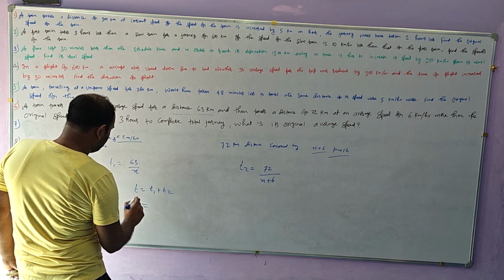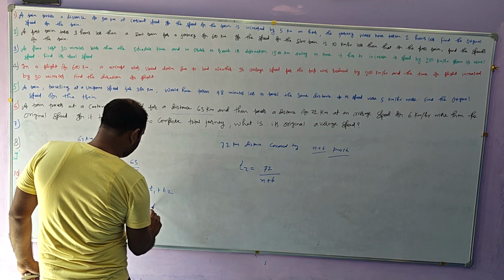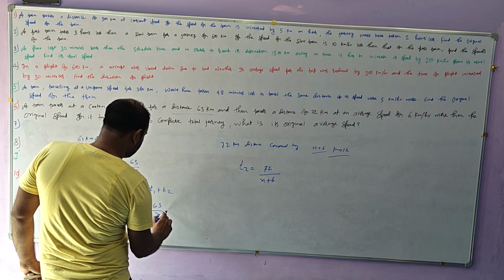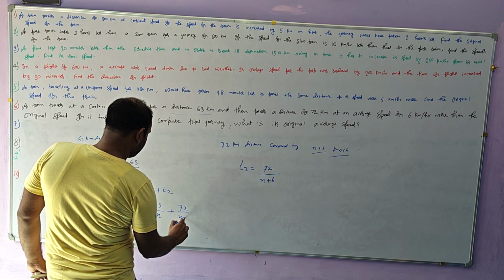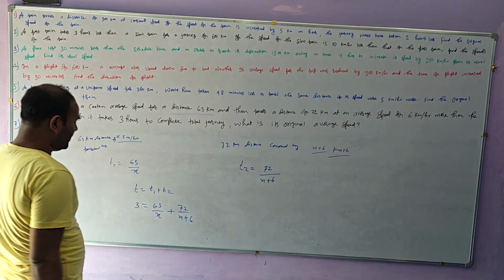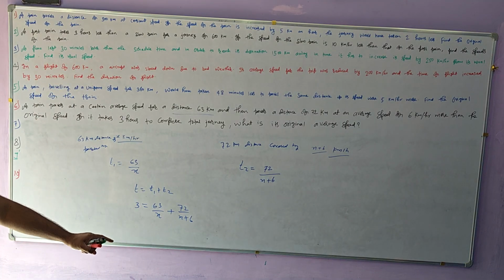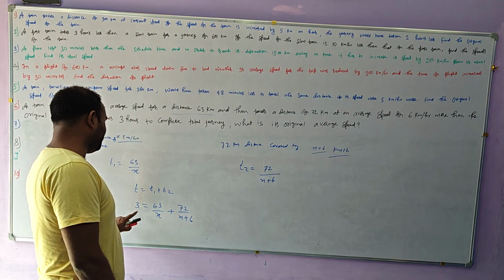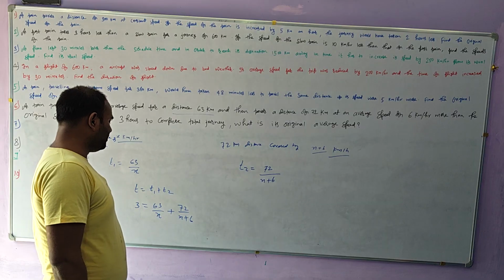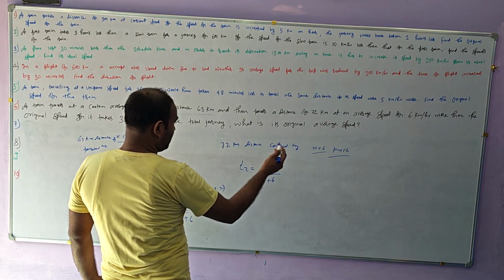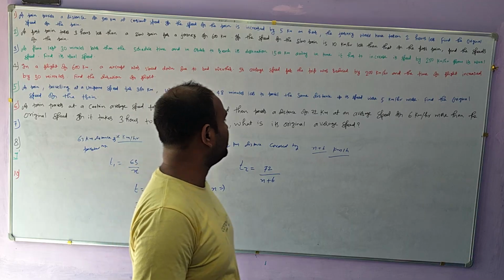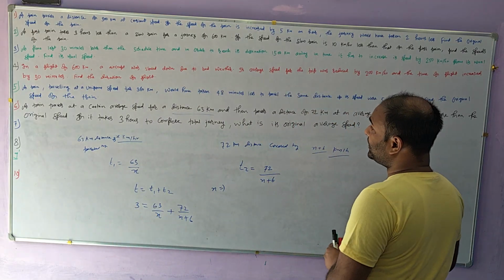So 3 is basically 63 upon x plus 72 upon x plus 6, and we easily take LCM of this and multiply, and we solve this, we get a result of x and x plus 6, that is our speed in kilometer per hour.